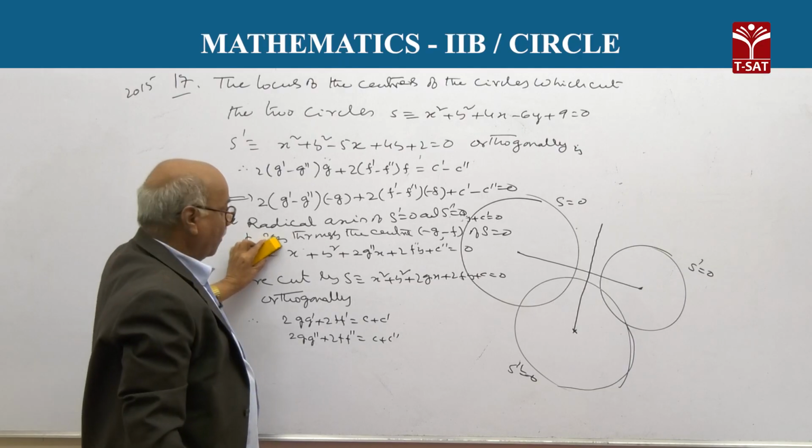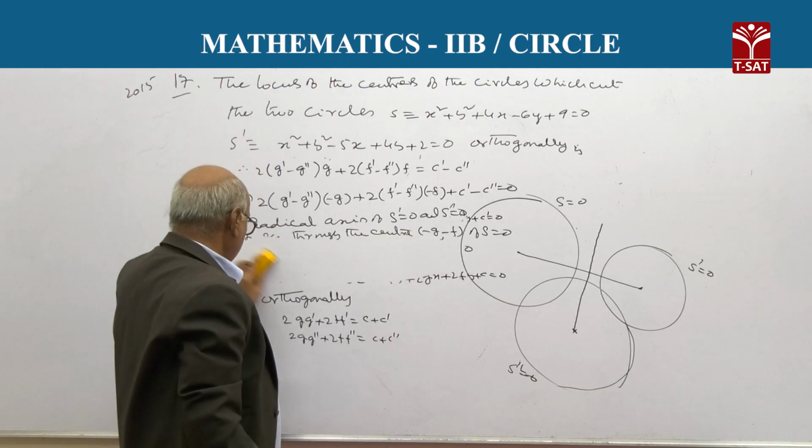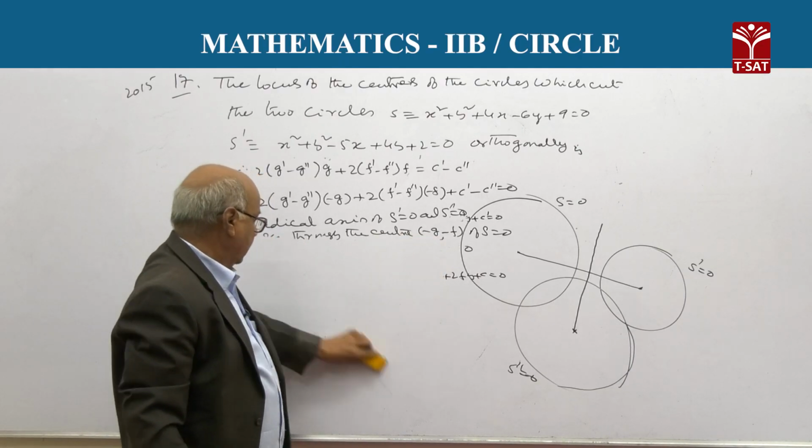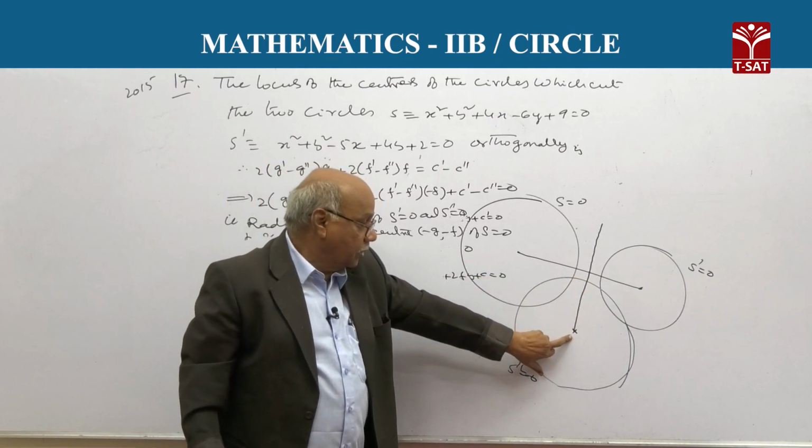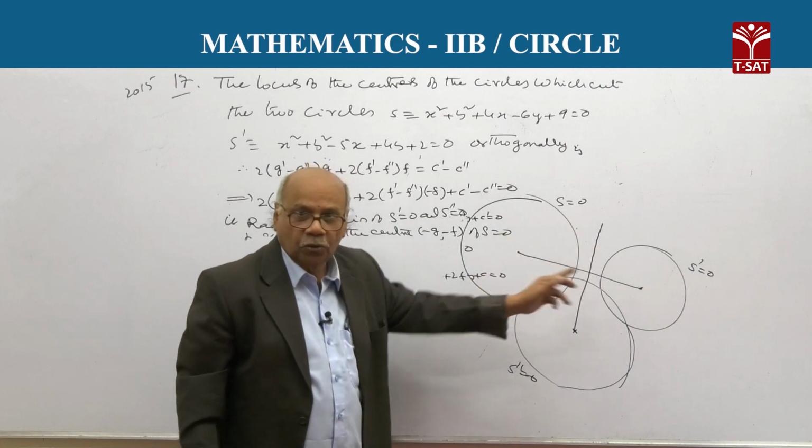So what you have proved is simply, if a circle cuts orthogonally two given circles, then its center must lie on the radical axis of the two circles.